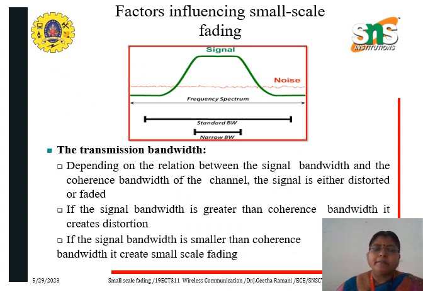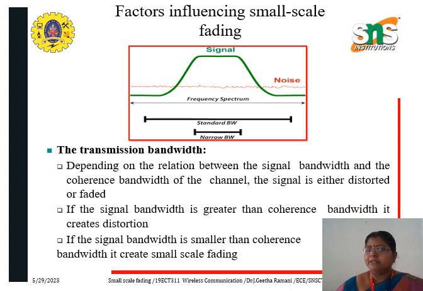The fourth parameter is the transmission bandwidth. We very well know there is a relation between the signal bandwidth and the coherence bandwidth of the channel. If your signal bandwidth is less than the channel bandwidth, then your signal can easily travel inside a channel.